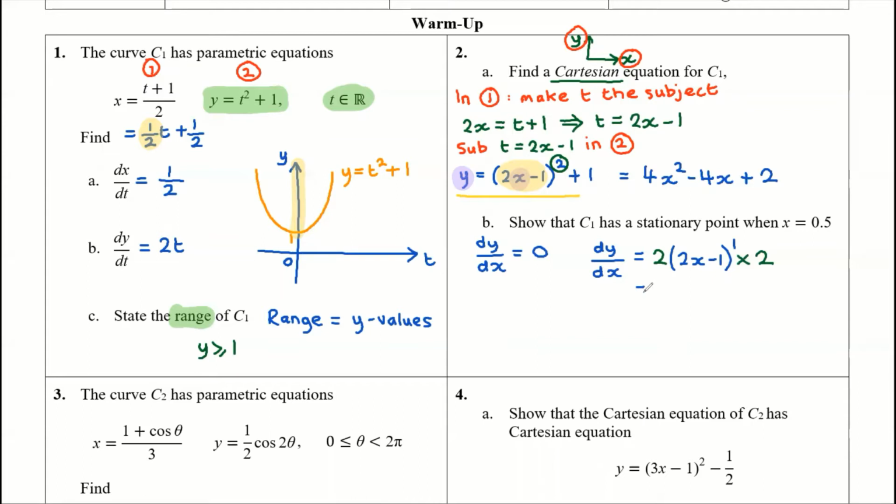So let's just expand this. So this is going to be 2 times 2 is 4, times 2 is 8x, minus 2 times 2, which is minus 4. And you'll get the same thing here if we differentiate what I've just expanded here.